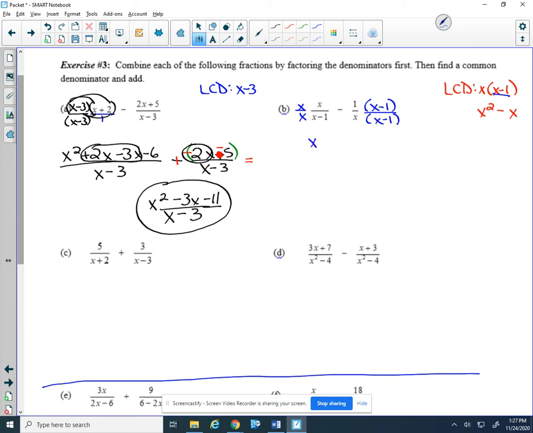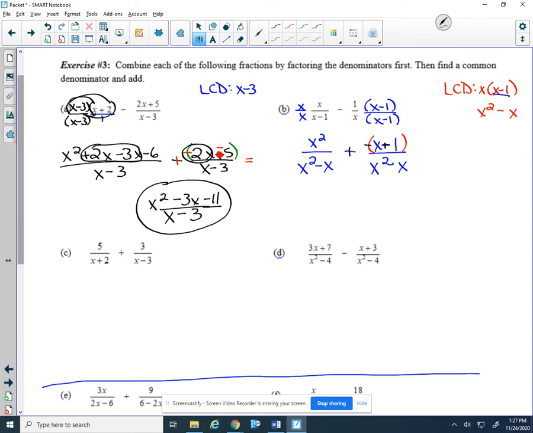So this gives me x squared over x squared minus x. This one gives me x minus 1 over x squared minus x. I put a lot on here with distributing the negative because it's a super common mistake to miss that. So this is going to be positive, negative, and positive.